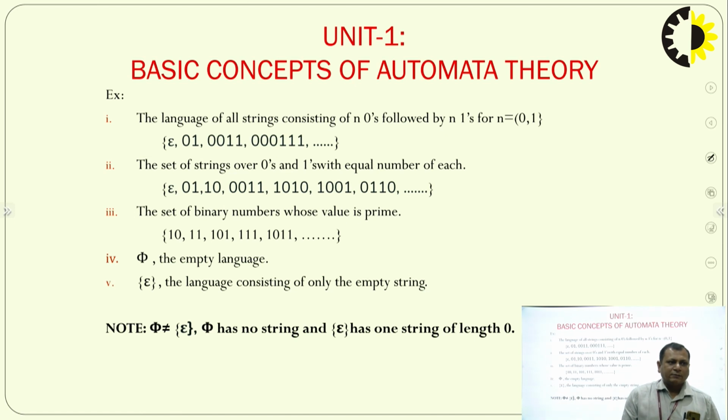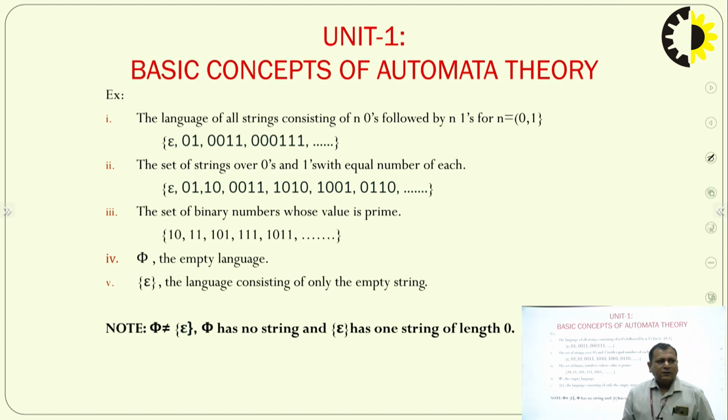Also we have some more examples here. The language of all strings consisting of n zeros followed by n ones for n equals 0, 1, and so on. So we can have epsilon, we can have 01, 0011, 000111 and many more. So this is also a set of infinite strings.